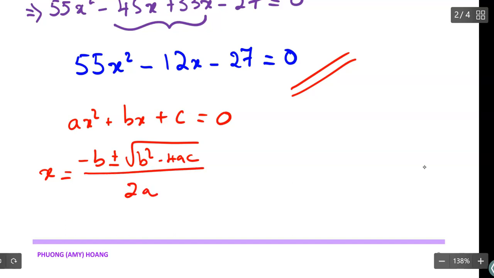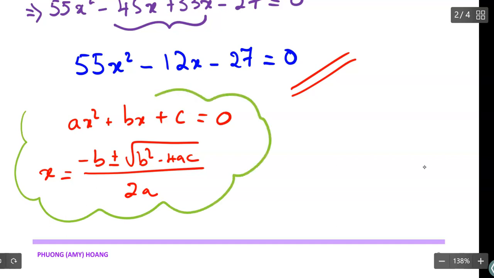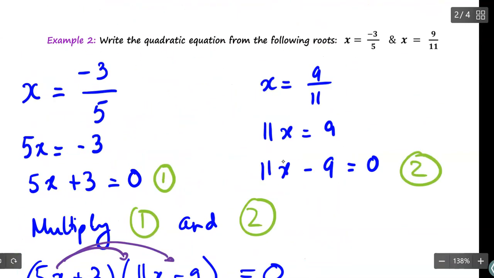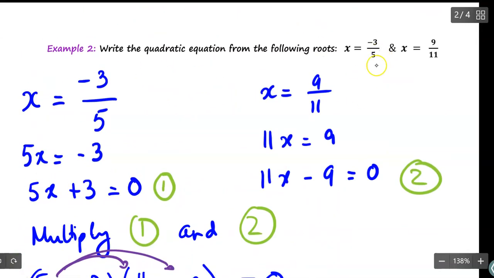So if you want to double check your work to see if you have this equation correct, 55x squared minus 12x minus 27 equal to 0, all you can do is define a as 55, b as negative 12, c as negative 27, and substitute into this formula to see if you end up with the solutions x equal to -3/5 and x equal to 9/11.